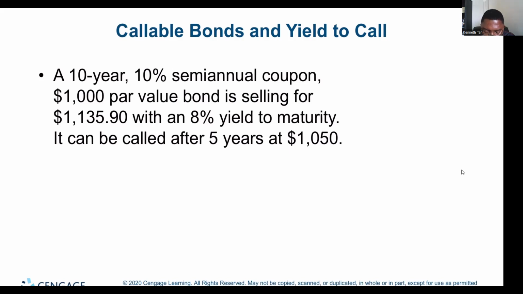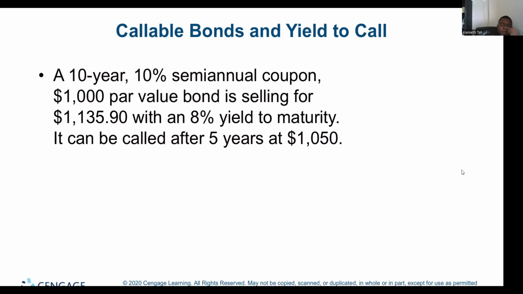It can be called after 5 years at 1,050. So if this can be called, then we can calculate the yield to call.